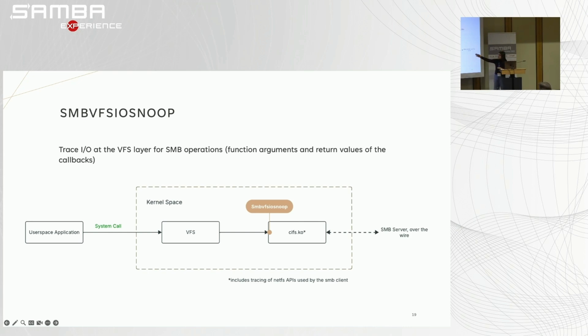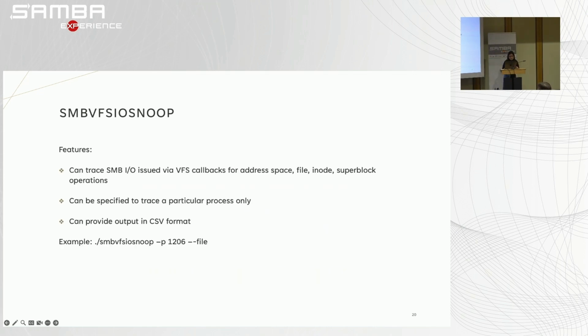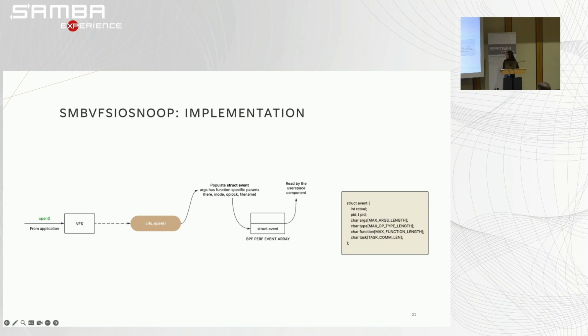If a user space application does a system call and goes to the VFS, this is exactly where VFS IO snoop sits, just like SMB VFS slower. You can again trace address space, file, inode, and superblock operations, specify a particular process only, and output in CSV format. That's all common.